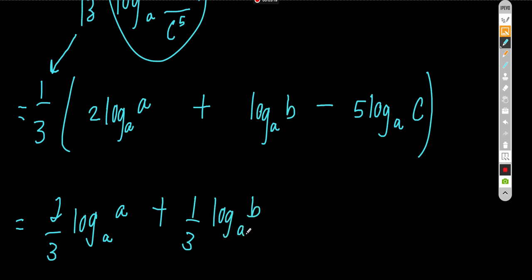There wasn't a constant in front of that logarithm to multiply it by. And when I say 1/3 times 5, I get 5/3 logs of c base a. Basically, all those constants, I just put them over 3 since you multiplied it by 1/3.